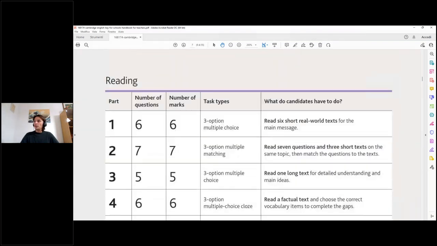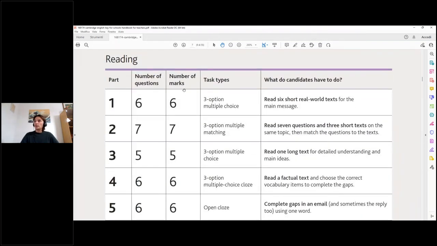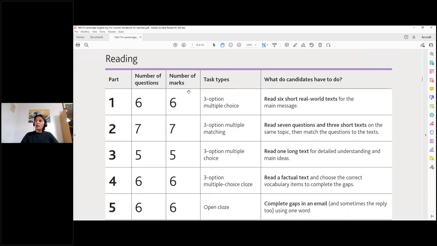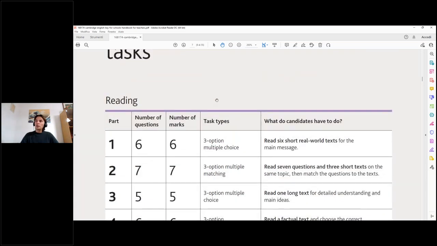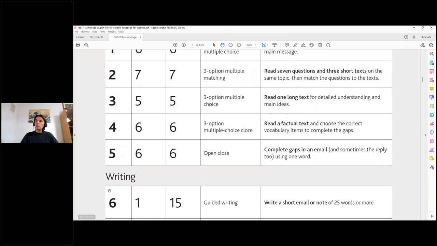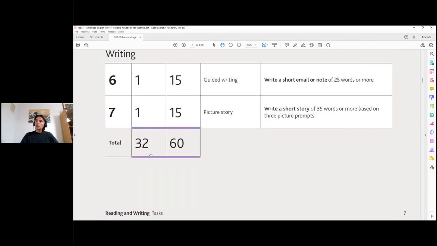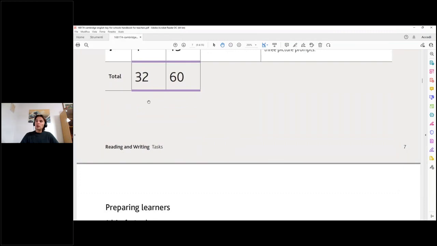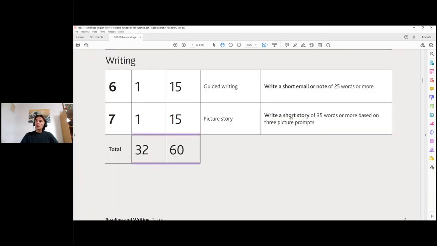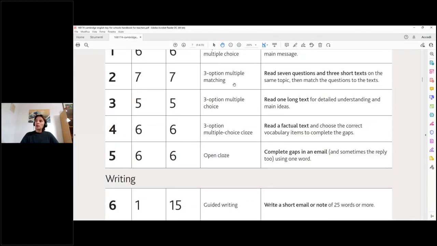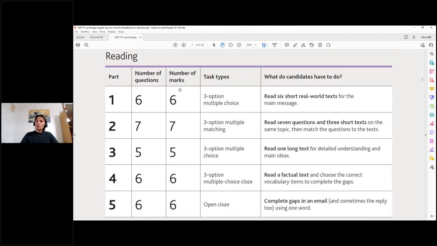Let me see if they say here, okay, they tell you how many points for the reading. You see part 1, part 2, part 5, writing part 6 and part 7. So you had a total of 32 questions and a total of 60 points. So you must check how many points you got, the number of marks here.